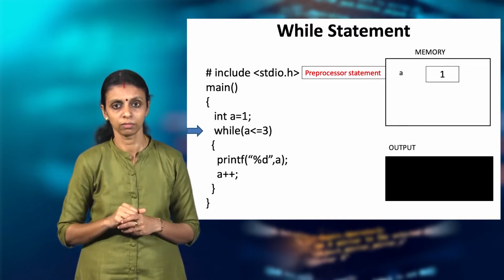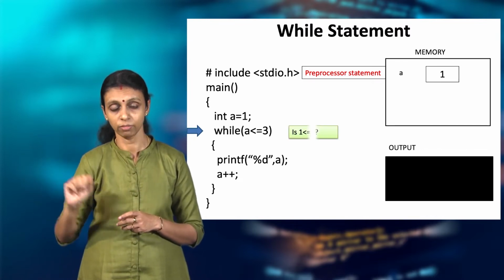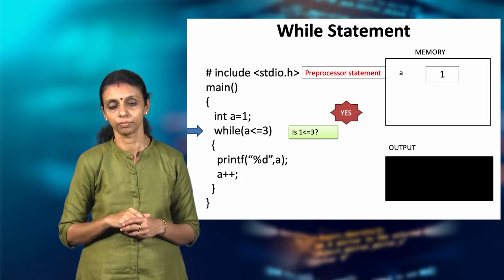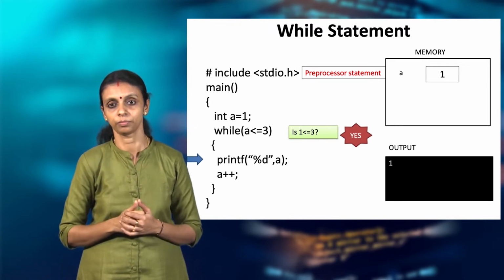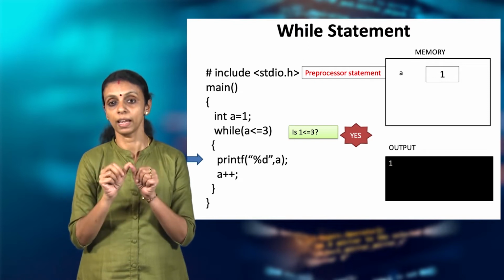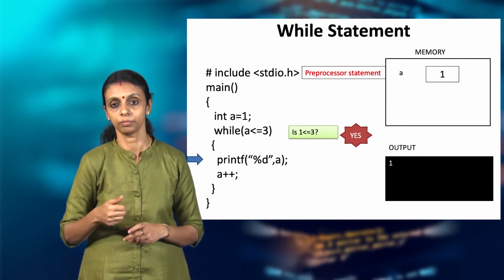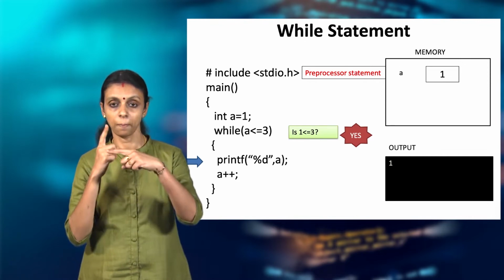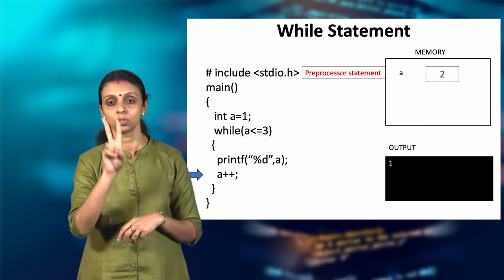Is this condition correct? 1 less than or equal to 3? Yes. So, it enters the loop, prints value of a, that is 1. Then increments value of a, that is a is equal to 2.